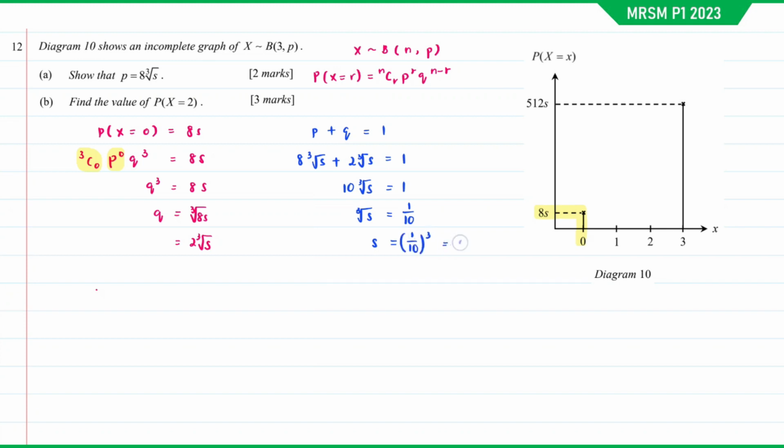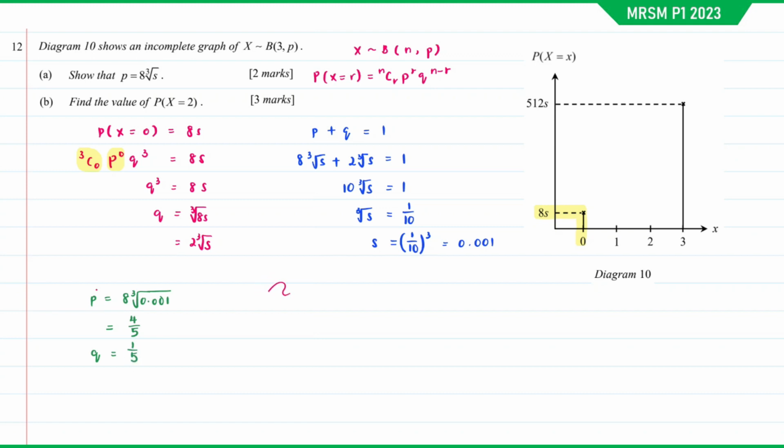So s is equal to 0.001. Now the probability of success p is equal to 8 times the cube root of 0.001, which is equal to 4 over 5. Then q will be equal to 1 over 5.